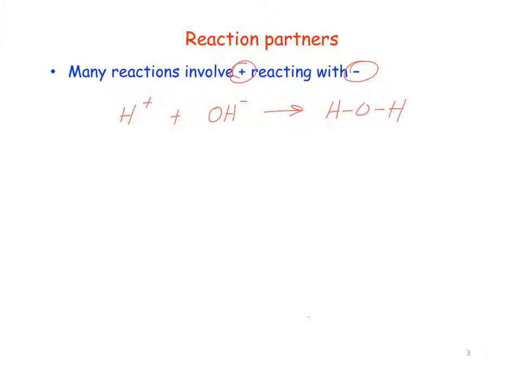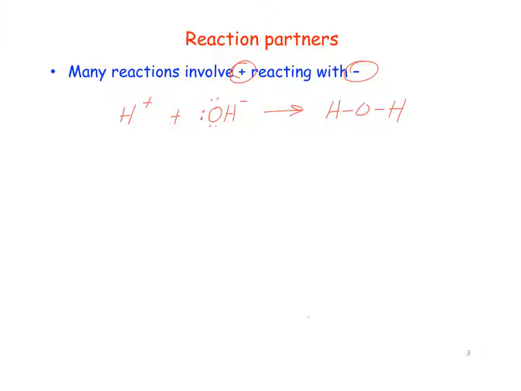Hydroxide here has 3 pairs of non-bonding electrons on the oxygen. It's one of those pairs that is going to be used to make the bond with the proton on the left.